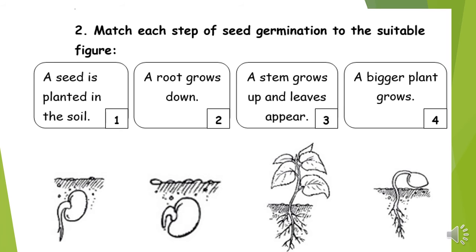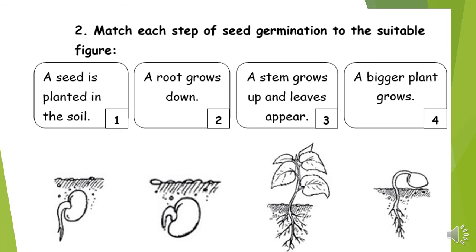The third picture, I can see a big plant with roots, stem, and leaves. And the last picture, I can see that this seed started to grow up into a plant by forming the roots down and a stem which is found up. So I have roots under the soil.